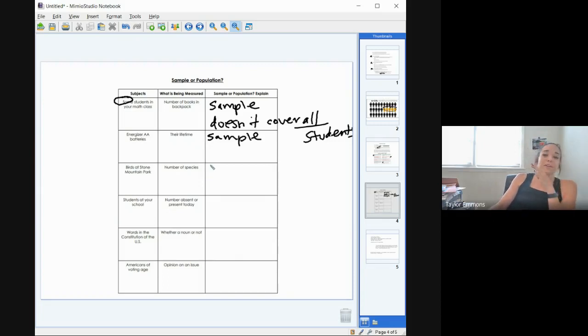Okay, I guess we're all in agreement. So sample. Now why is it a sample? The reason why it's a sample is because, as Brandon said, you can't get all of the birds in the species.